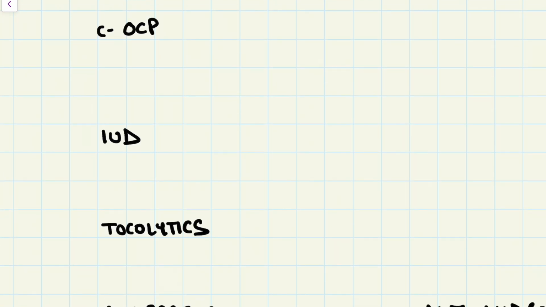Now let us talk about oral contraceptive pills. So oral contraceptive pills are a combination of progestins and ethinyl estradiol, right? And it can be in the form of a pill, patch or a ring. So the mechanism of action is that the estrogen and progesterone will inhibit the LH and FSH.